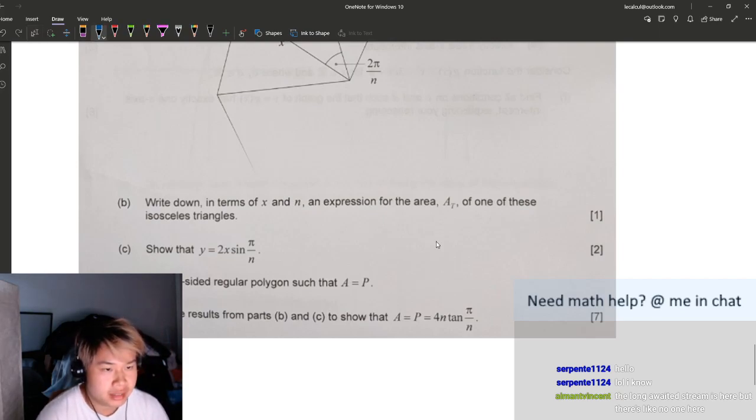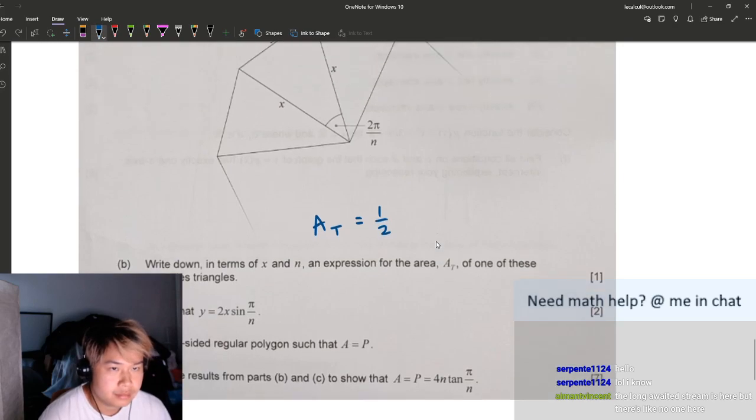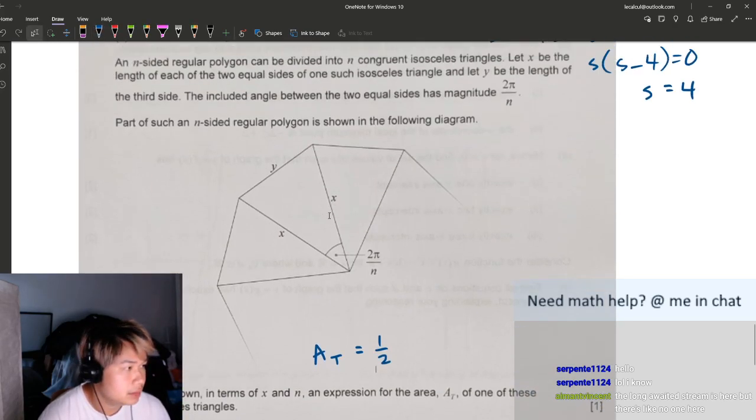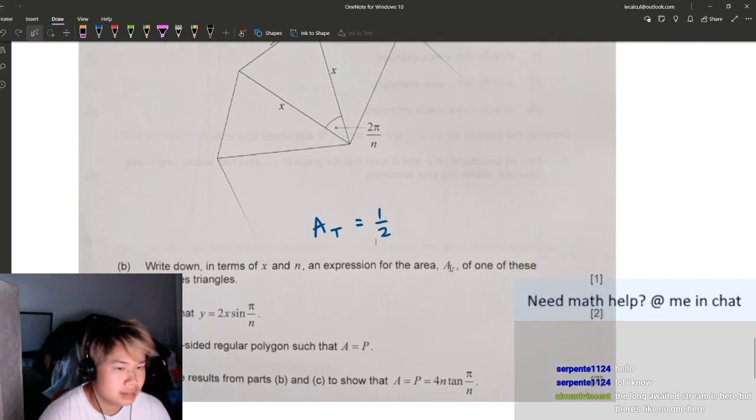So we can just use our area of a triangle formula, which is 1/2 times x squared times the sine of the angle in between, or something like that. So x squared sine 2 pi over n.